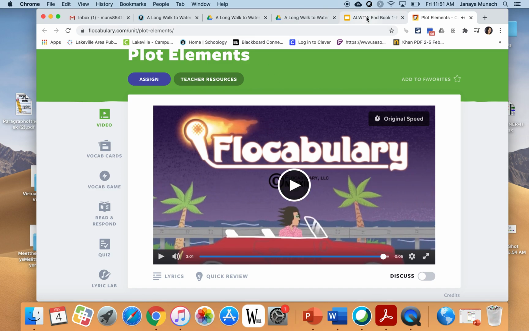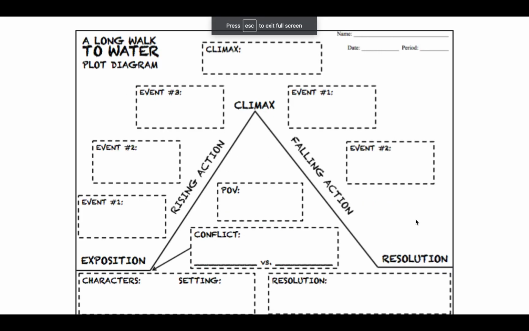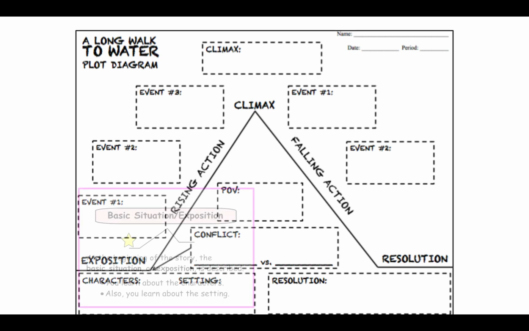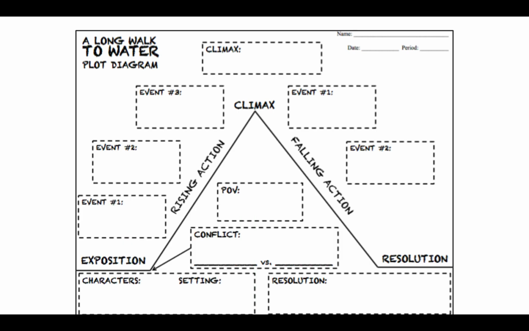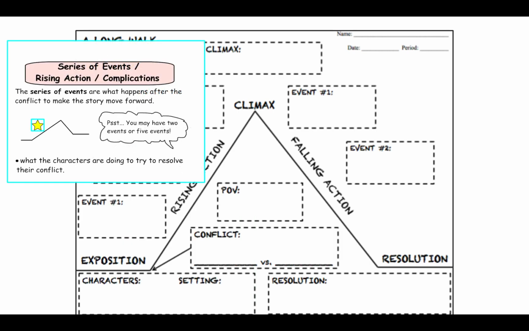So let's go back and talk now about A Long Walk to Water's plot. Find this page in your packet. Just to review, the exposition is the beginning of the story. This is when we learn about the characters and the setting. The rising action is when events are moving us toward a conflict.